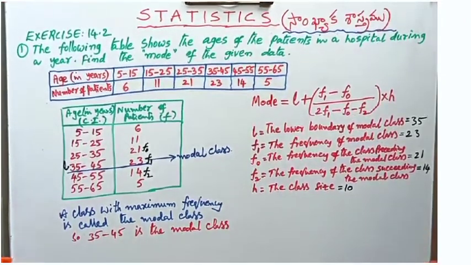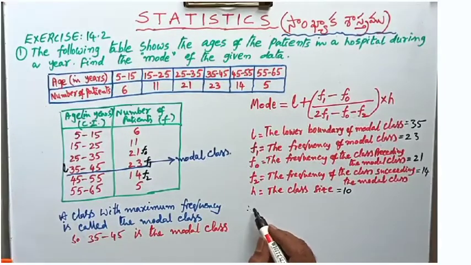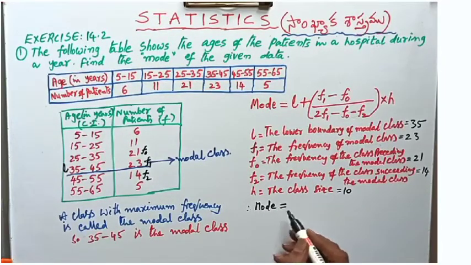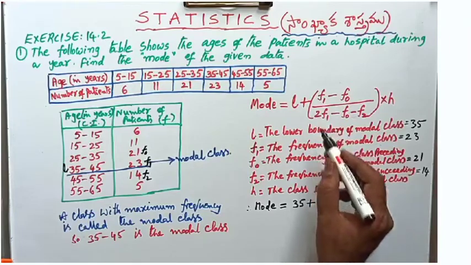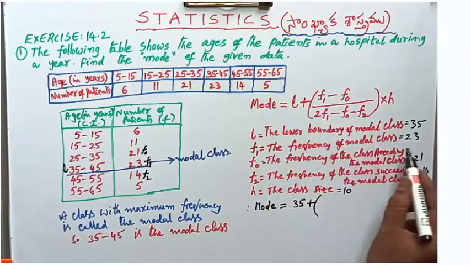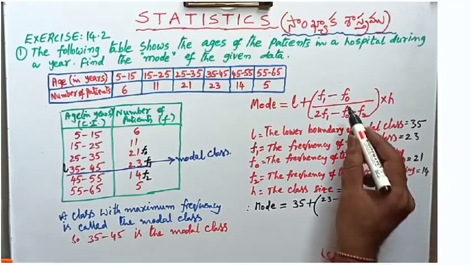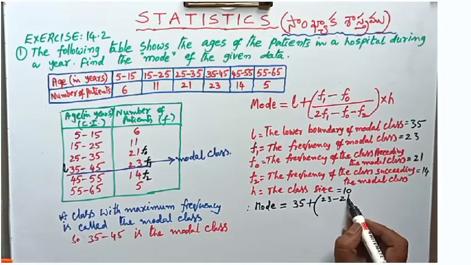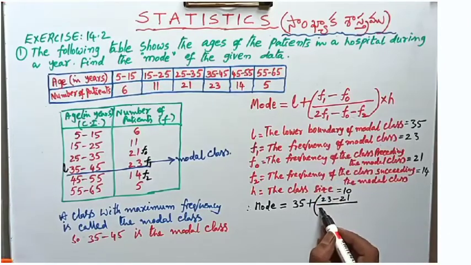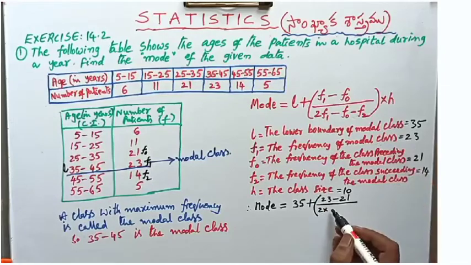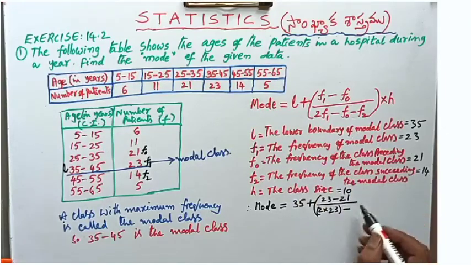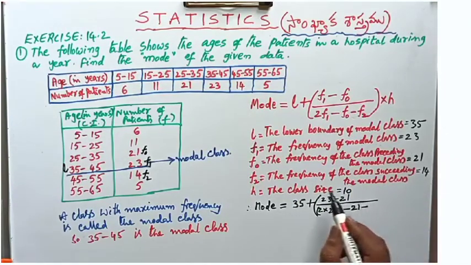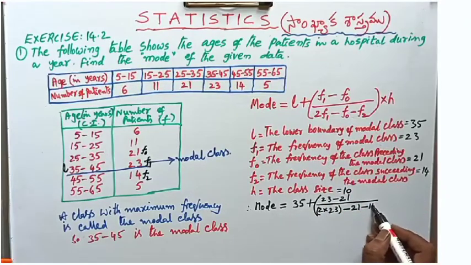Now substitute all these values in the formula. So mode is equal to L, L means 35, plus (F1, F1 means 23, minus F0, 21) by (2 into F1, F1 means 23, minus F0, F0 means 21, minus F2, 14), into H, H means 10.